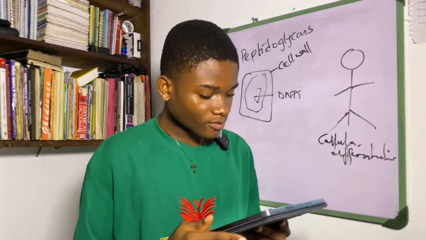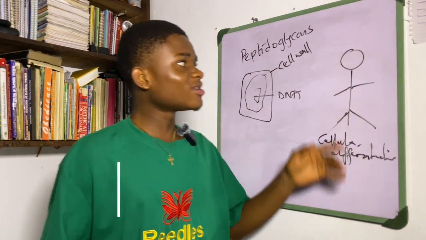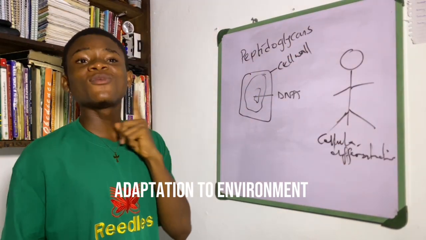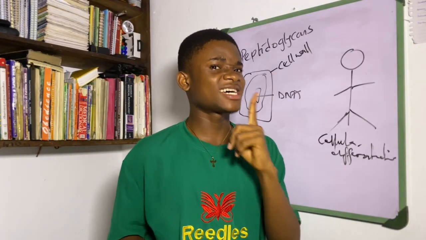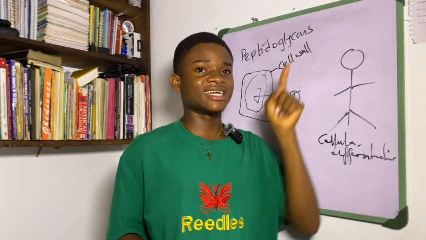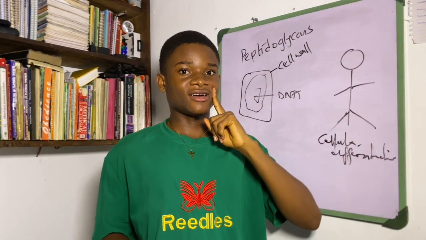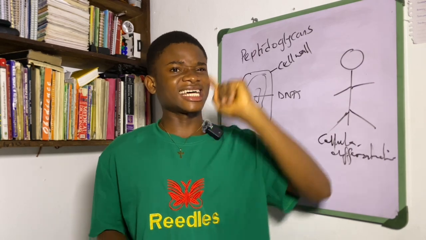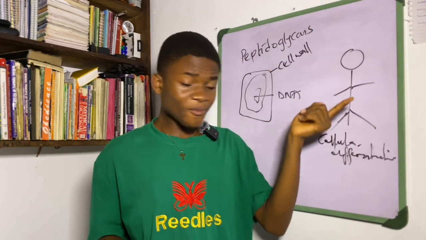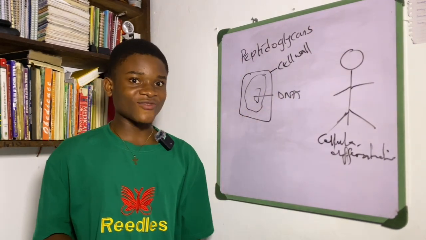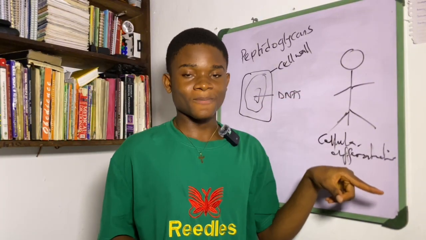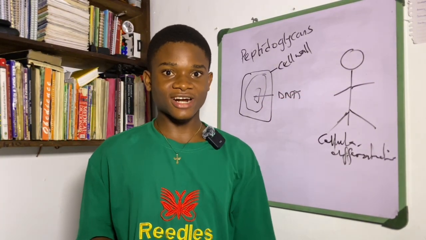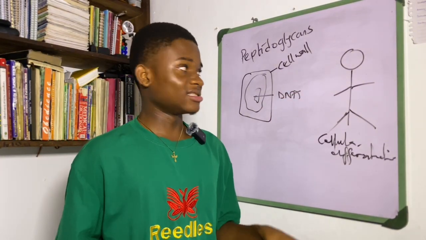So the next is that complexity increases adaptation to environment, because this guy is very complex. He's more adapted to his environment. He can survive anywhere. Put him in an aeroplane in the air, he can survive, because there's a system in his body that can adapt to that situation. Even put him in the sea, he can survive because there's a system in his body that can adapt. Put him on top of the mountain, he can adapt.